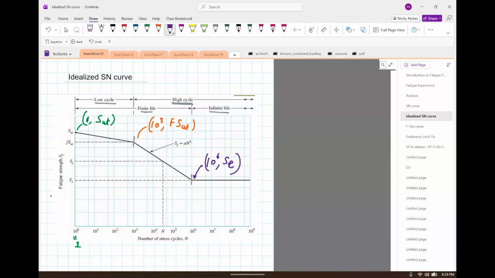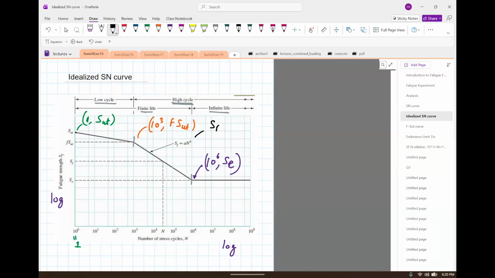This is log, and this is log. Okay, so you can write the equation of this line as y equals mx plus b. They have written it, let me just write it the way they've written it. Okay, this is the equation. I'm just going to expand this out.